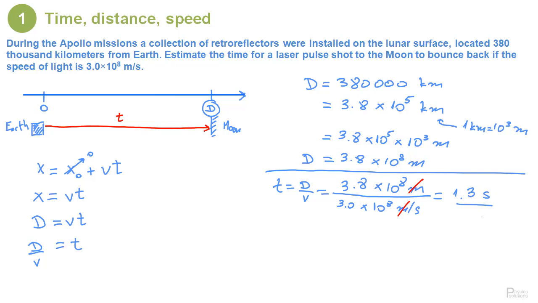So this is the time that it takes for the light to go from the Earth to the Moon. But the question is, estimate the time for the laser pulse to bounce back. In other words, we want the total time. We want the time that it takes since I turn on this pulse of light, how long it will take for this laser pulse to bounce back to me.